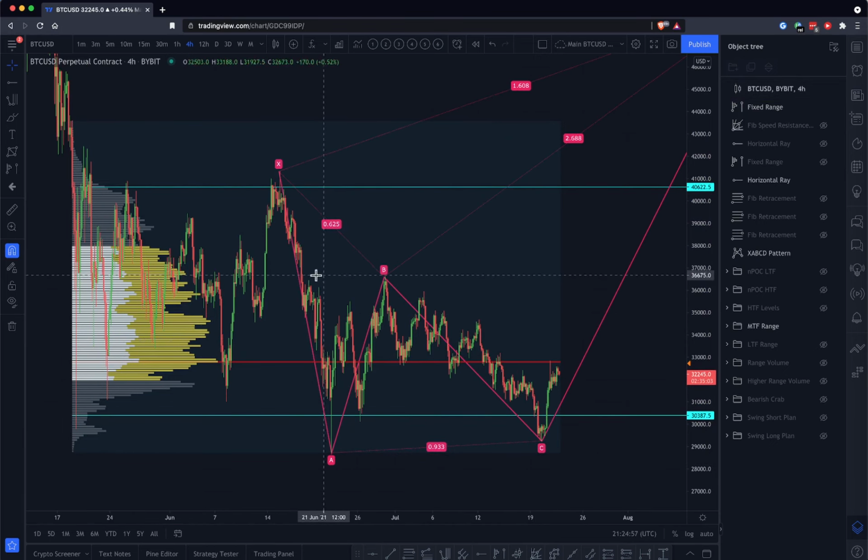The point of control of this range was previously much higher, and now it's coming down, which is generally a bullish thing if you can go above it and then hold the level.